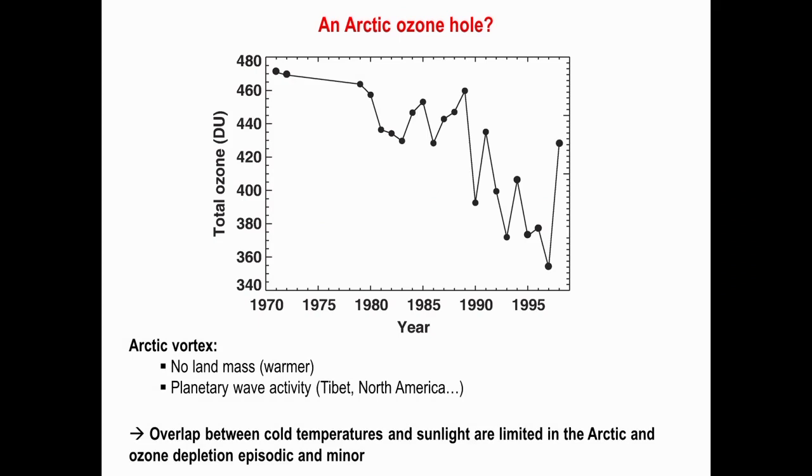So you haven't got this big ice block, this ice-covered landmass. You've also got planetary waves that mean it's harder for a vortex to form. So you don't get the locking and the protection of all the chemical species in the Arctic to the same degree that you have in the Antarctic.